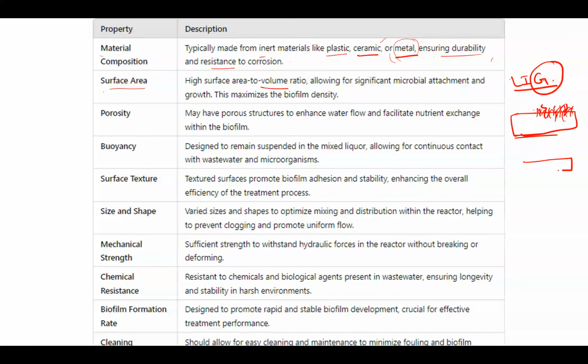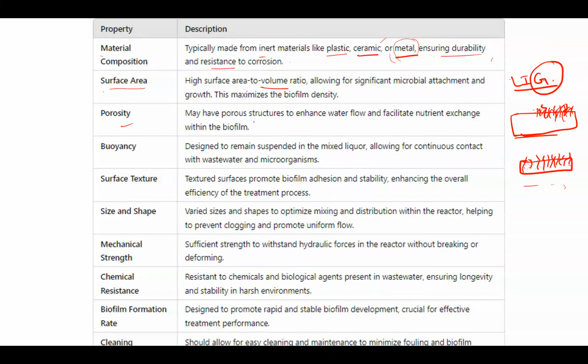Compared to a very plain surface, the home for them is larger. It has higher surface area, attachment is easy, so that it can grow efficiently.